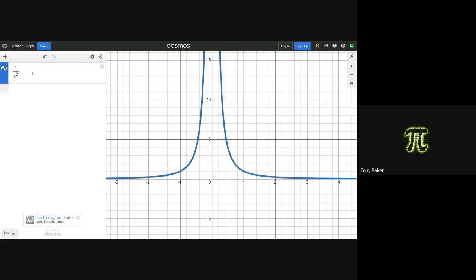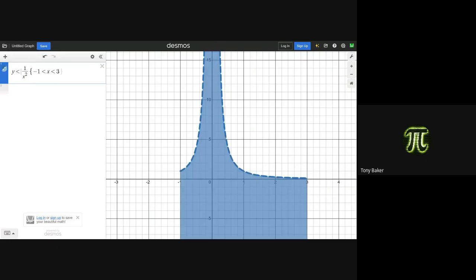If we're looking at this from -1 to 3, that's the area.